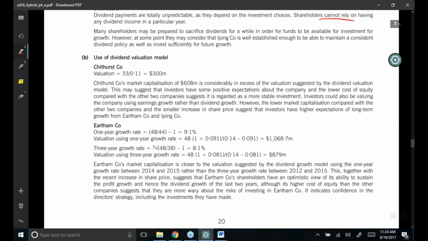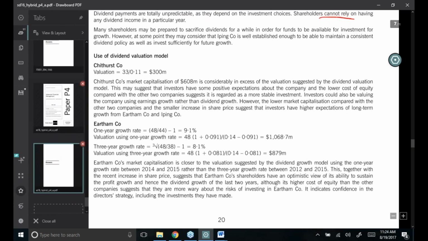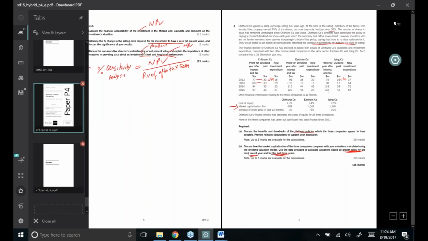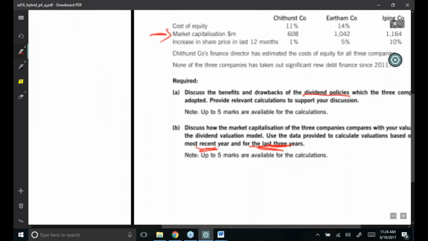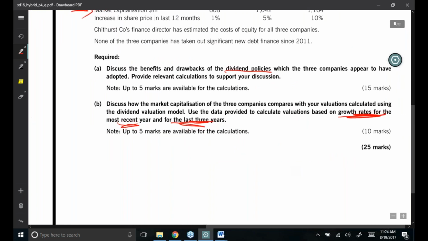Let's move to the second requirement. If we again see the question, the second requirement was to discuss how the market cap of the three companies compares with your valuation.